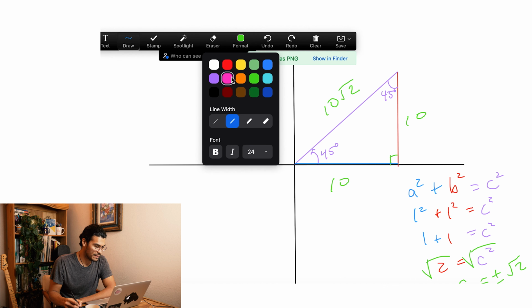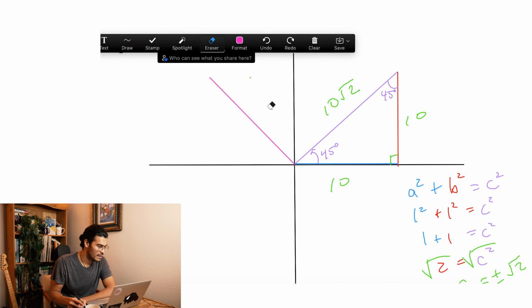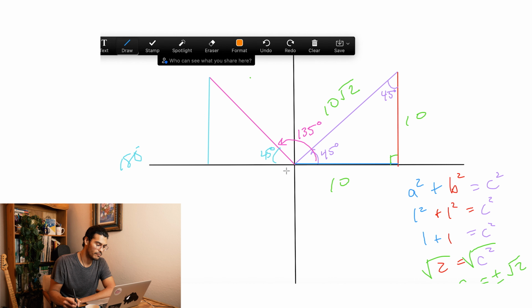Let's look at what a 45, 45, 90 triangle looks like in a different quadrant. If we go this way, this would have been an angle of 135. An angle of 135 from the x-axis leaves us 45 to get down to the 180 degree mark. So now we have a similar setup, but we're facing this way.